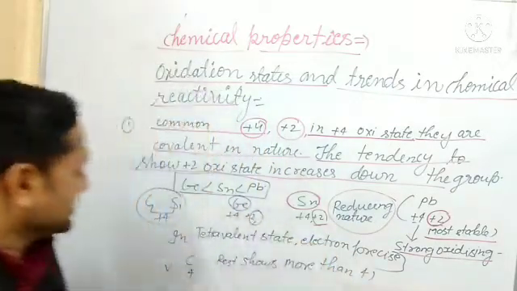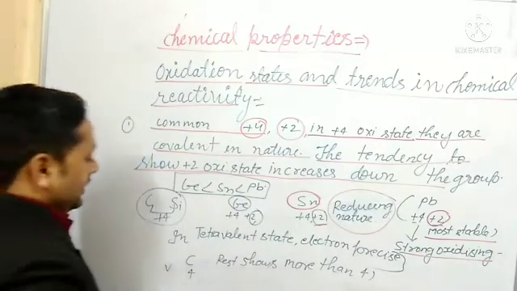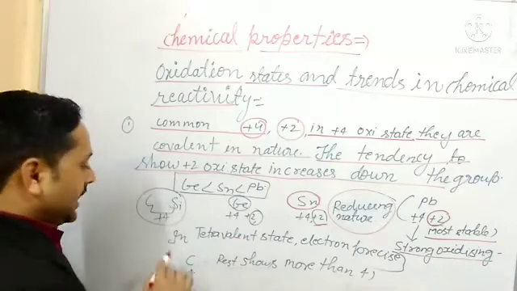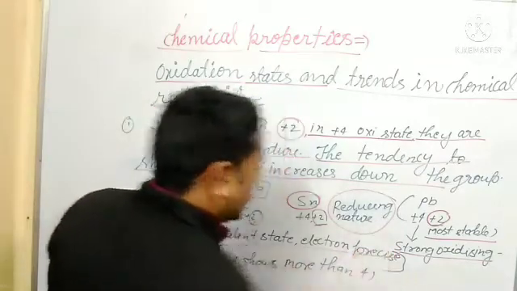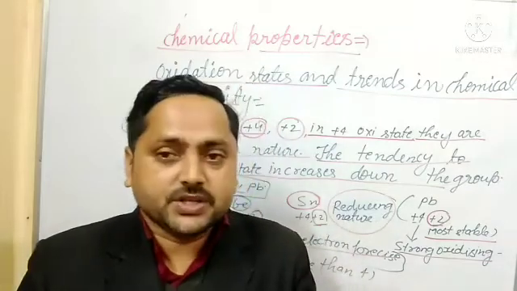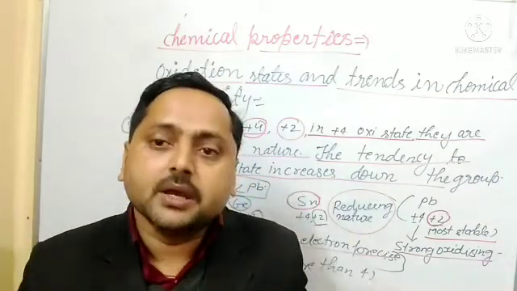Other points we see here: in the tetravalent state, they are electron precise elements. They are electron precise, which means they have enough electrons to write their bond structure and Lewis dot structure.